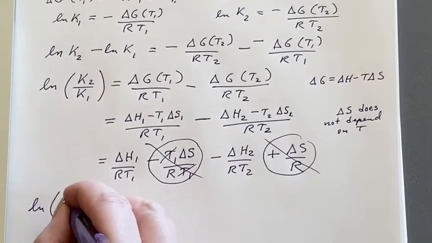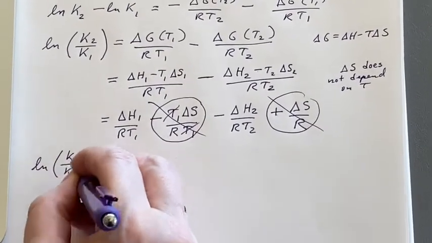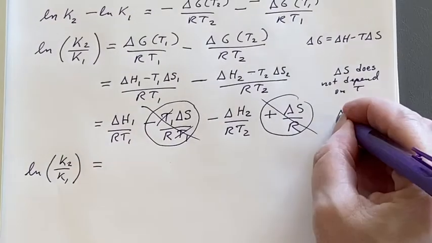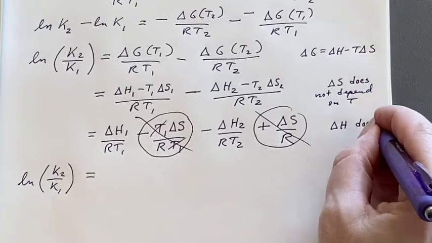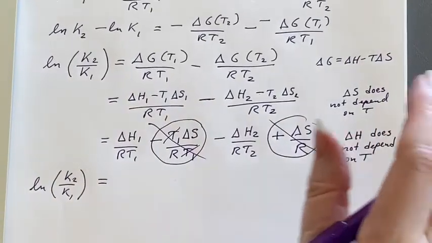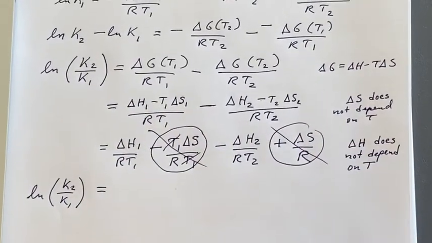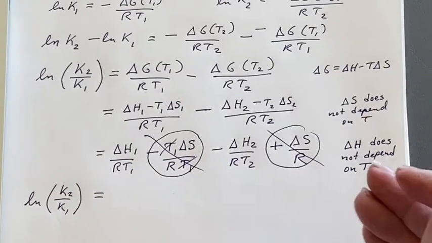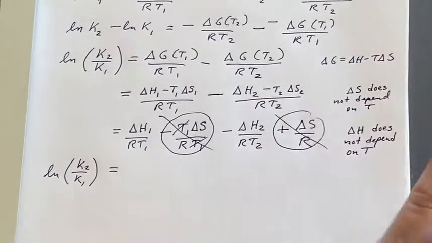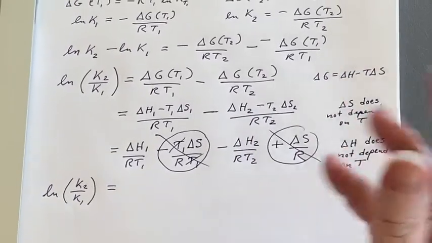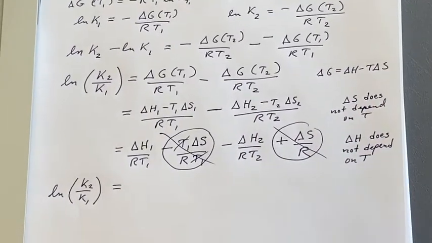That means that I'm left with the natural log of K2 over K1 being equal to delta H. I'm also going to say that that does not depend on T. If you get really vastly different temperatures, this is not going to be correct. But if you're talking about, hey, it's staying in the same phase and we're changing the temperature by only 100 degrees, good enough.